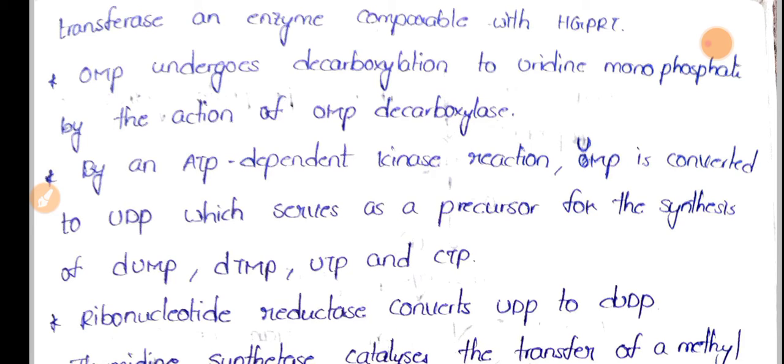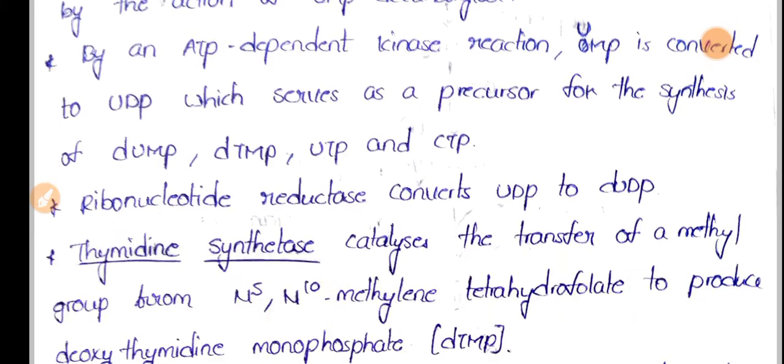So the precursor UDP will help in the formation of DUMP, DTMP, UTP and CTP. Let's see the reactions.